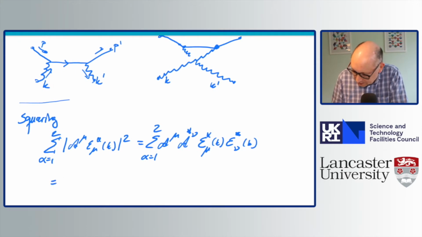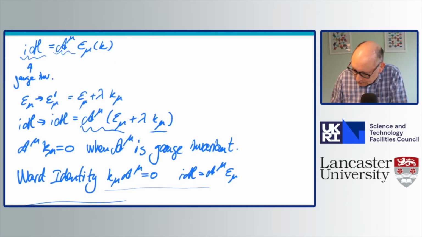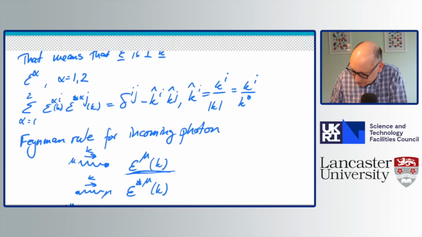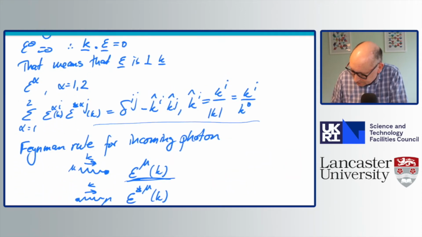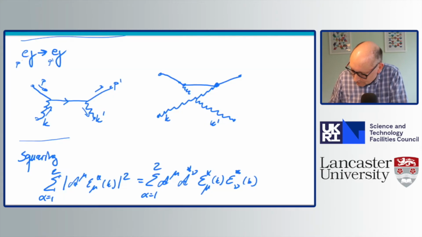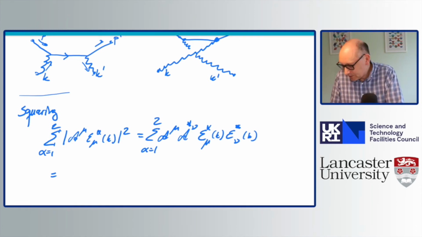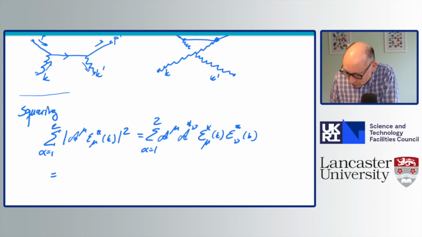Using the result from here, we can therefore write the result down here. Every time we see mu equal to 0, we know that there will be no contribution, because epsilon mu and epsilon nu are chosen such that the 0th component is 0.